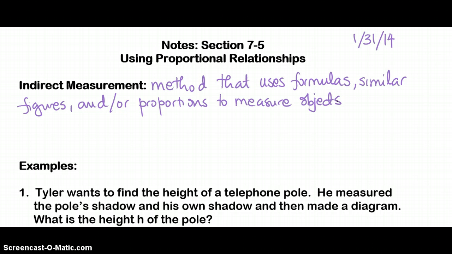So it's a method that uses formulas, similar figures, and/or proportions to measure objects.